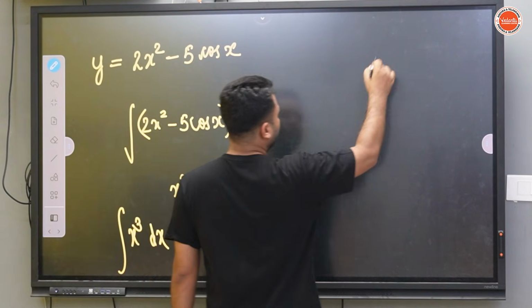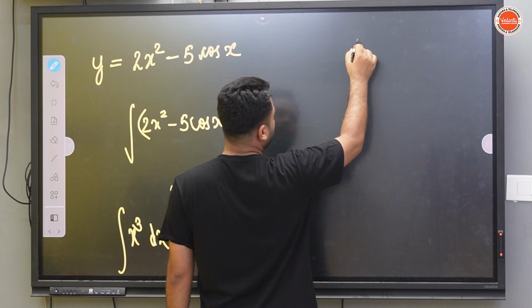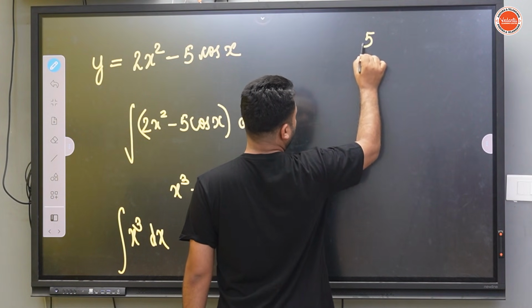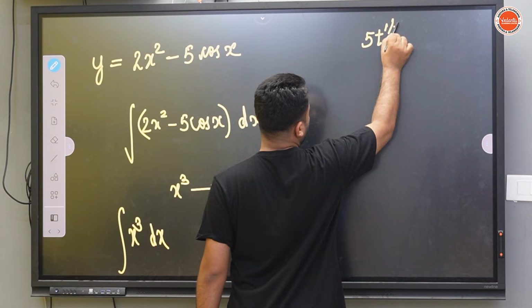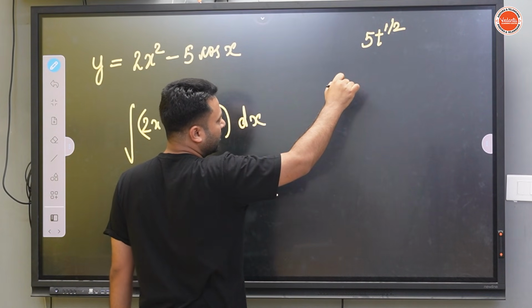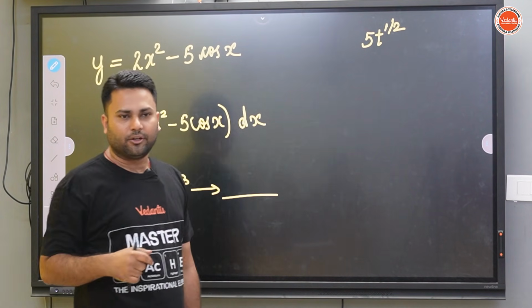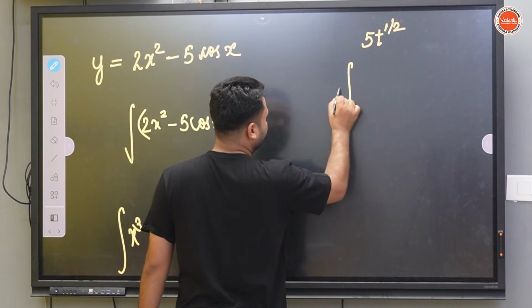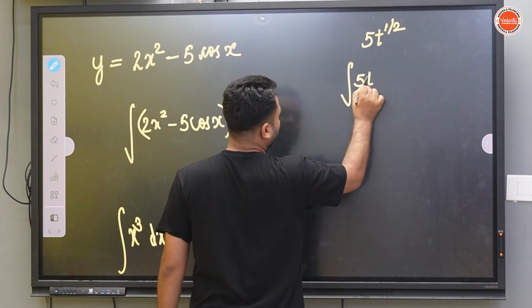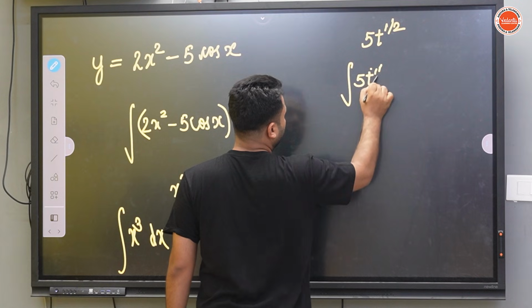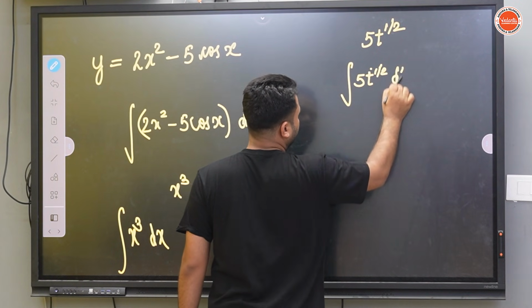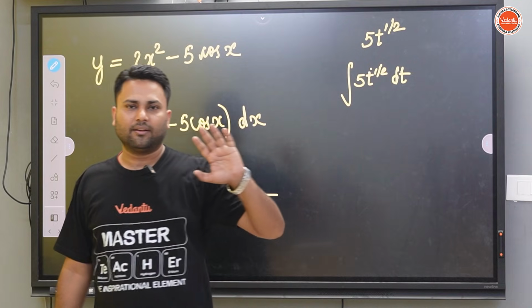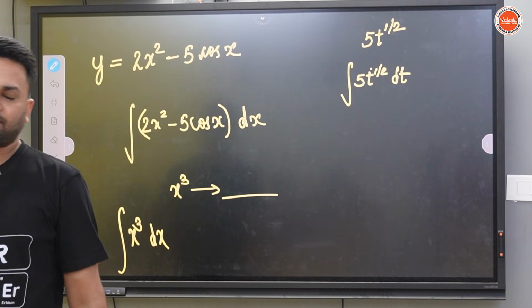Suppose they ask you to integrate 5 t to the power 1 by 2. They will write integration of 5 t to the power 1 by 2 dt. Here the variable is t, so dt. Correct? This is the format.